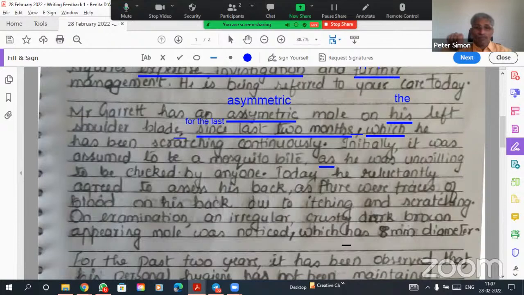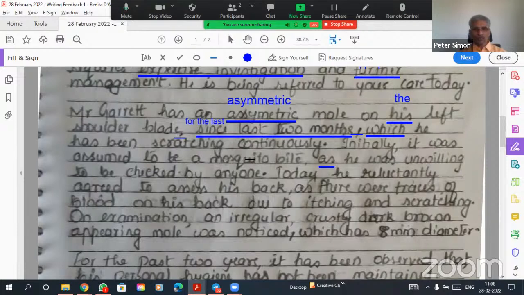Assuming that it was a mosquito bite, he was reluctant to visit a doctor. For counseling or something like that, you can change this little bit.